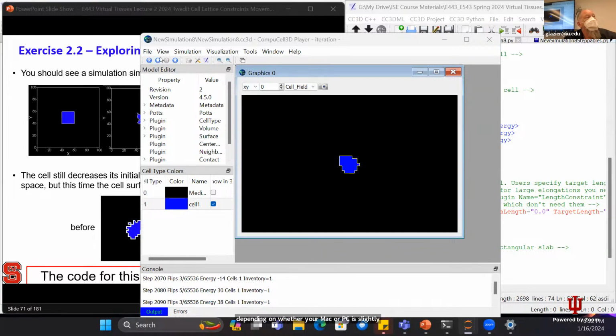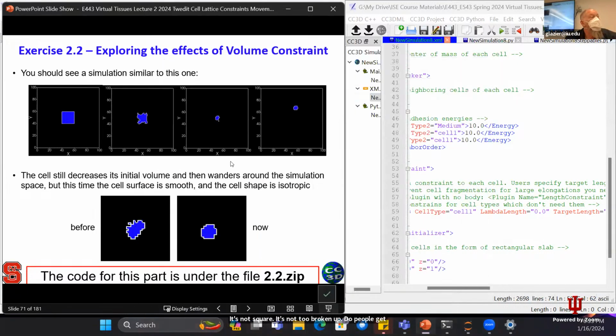You can see your cell. And if we had looked more carefully, you would have seen that the first cell we had was rather scraggly on the boundary. That's because we told the cell to have a lot of surface compared to its volume, as it happens. In this case, we see a cell that's, quote, well behaved. It's fluctuating, it's not square, it's not too broken up. Do people get something that looks like that? Great. Good. Okay.